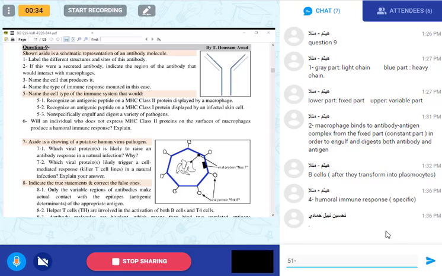Which cell can recognize the antigen presented on MHC2 on the surface of the macrophage? Who can bind to the macrophage and recognize the antigen?